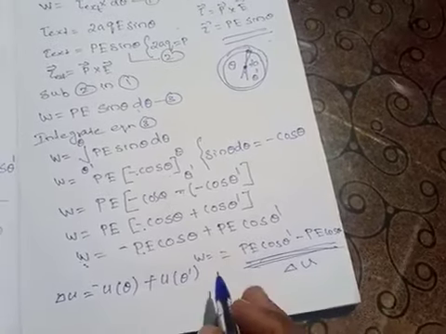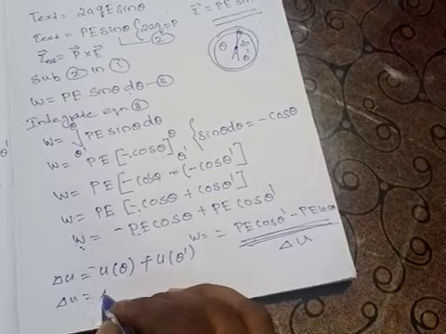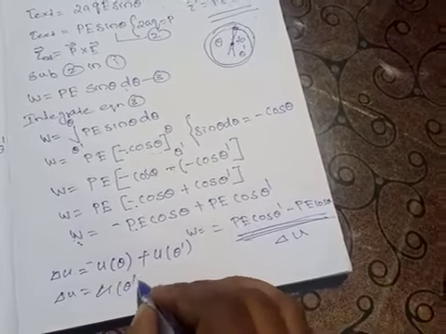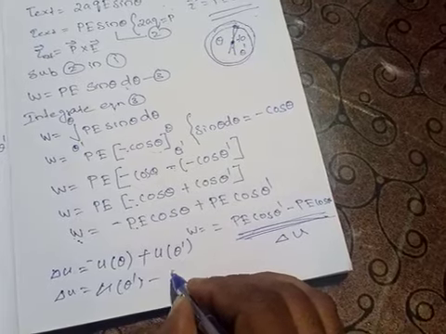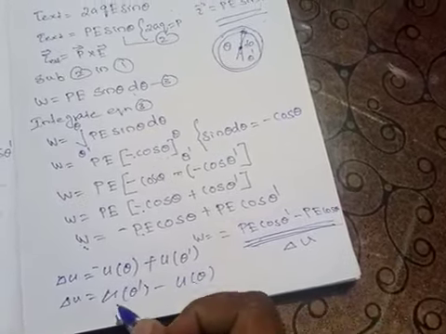You can also write delta U is equal to U theta dash minus U theta. Anyway you write it, it is not a problem.